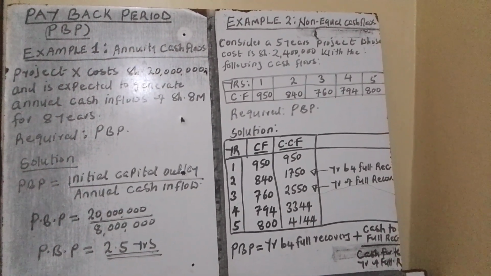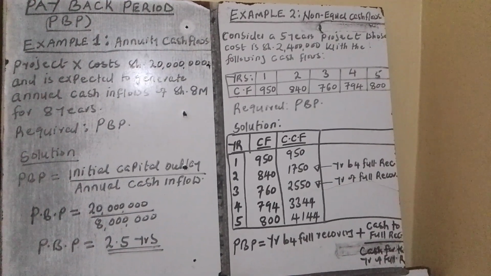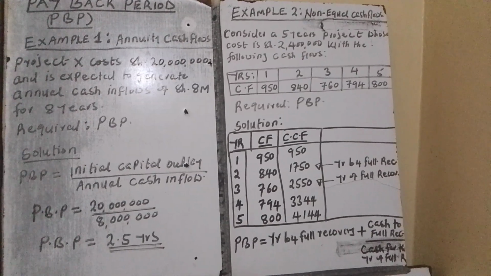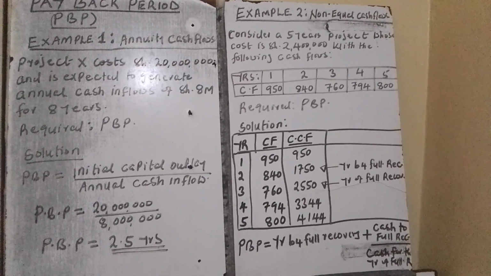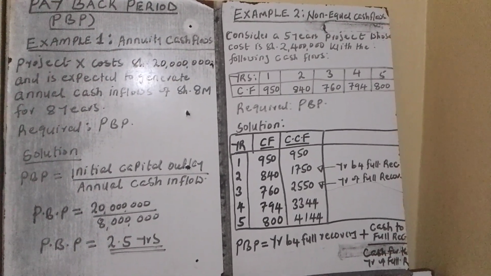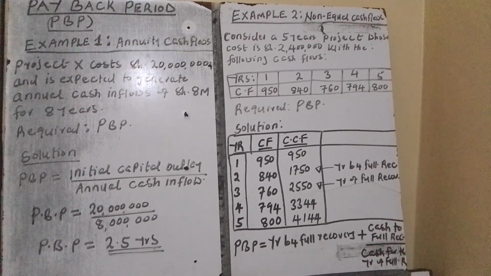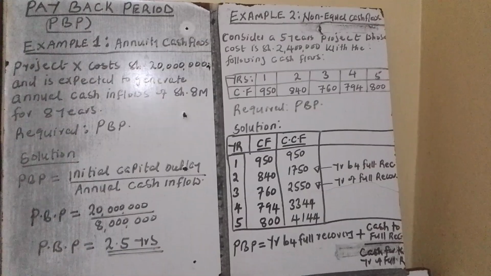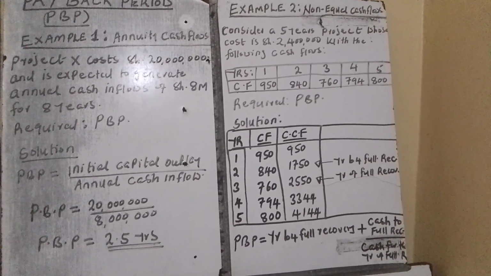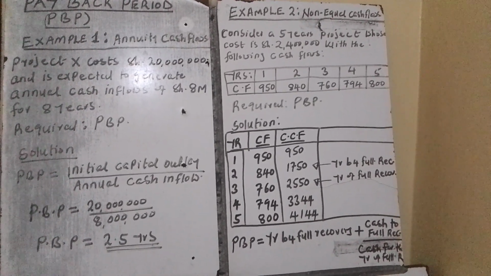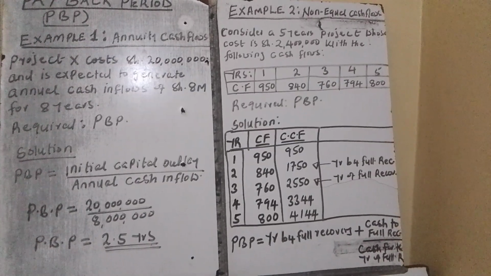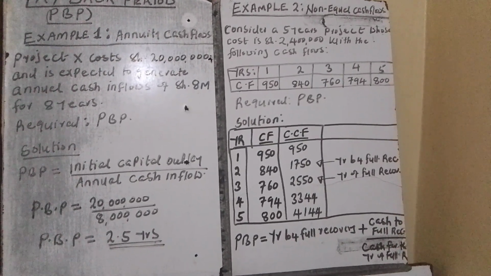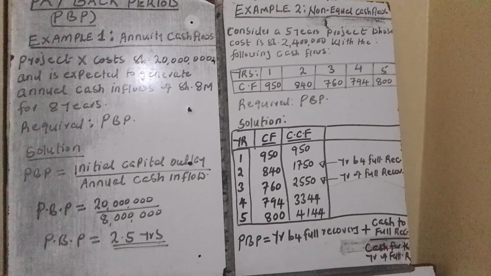Now let's go to our example there. Example 1, comprising annuity cash flows, where our cash flows are constant. Project X costs shillings 20 million and is expected to generate annual cash inflows of shillings 8 million for 8 years.